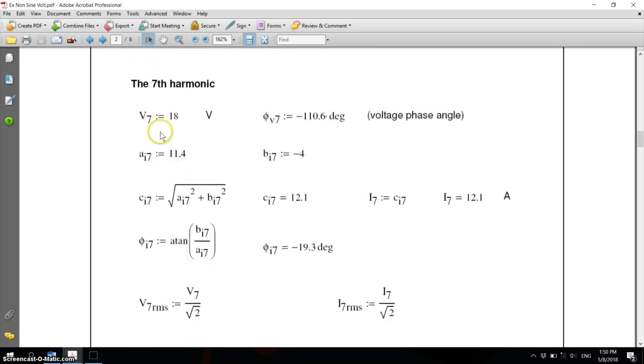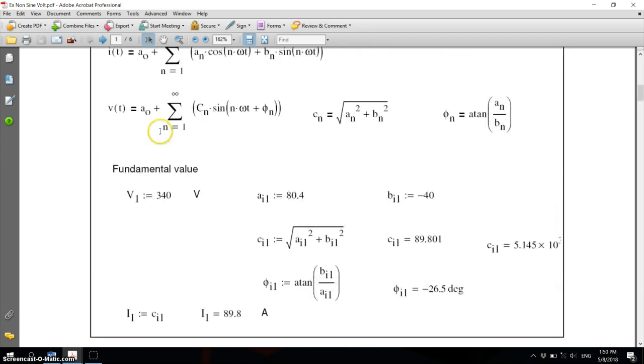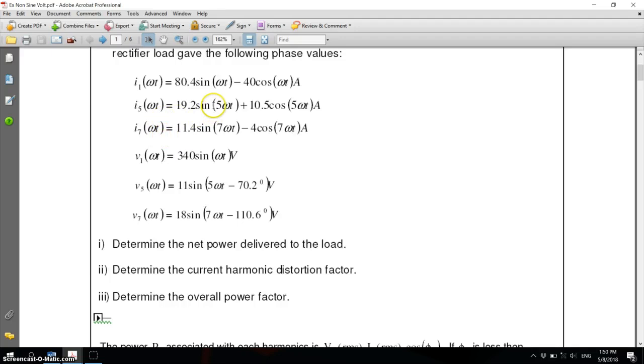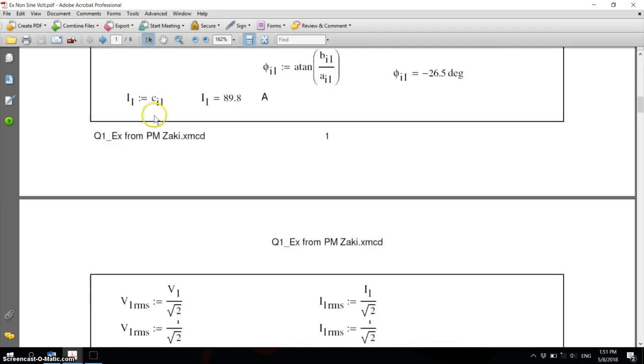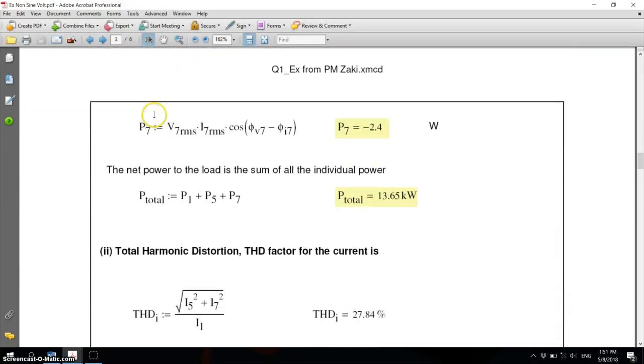And finally, for the seventh harmonic, you have 18 volt with the angle of minus 110 degree. Let's look at the seventh harmonic. Is it right? If you refer back to the seventh harmonic, 4 is your An, and 11.4 is the B7.